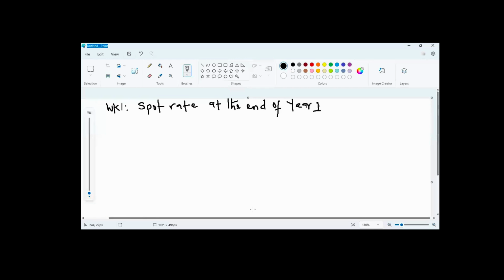To do this, I'm going to use information from bond A. Bond A is for 1 year maturity. To calculate the spot rates at the end of year one, I'm going to use bond A. Why am I taking bond A?